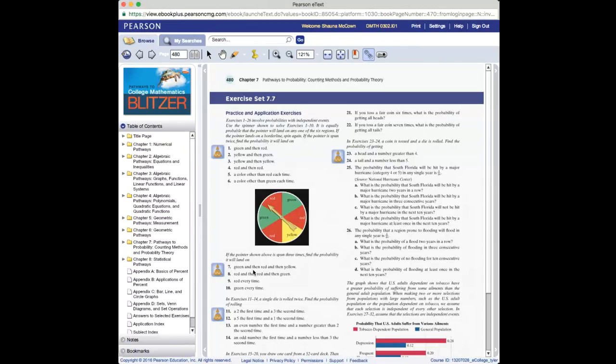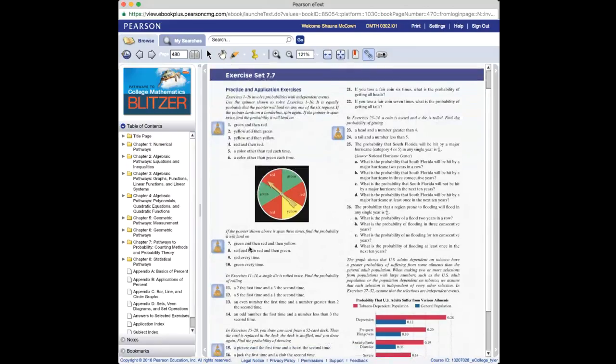Question number 7 says, if the pointer shown above is spun 3 times, so I'd spin it around 3 times, find the probability it will land on a green, and then a red, and then a yellow. I wish I could write on here. I don't think I can, though.